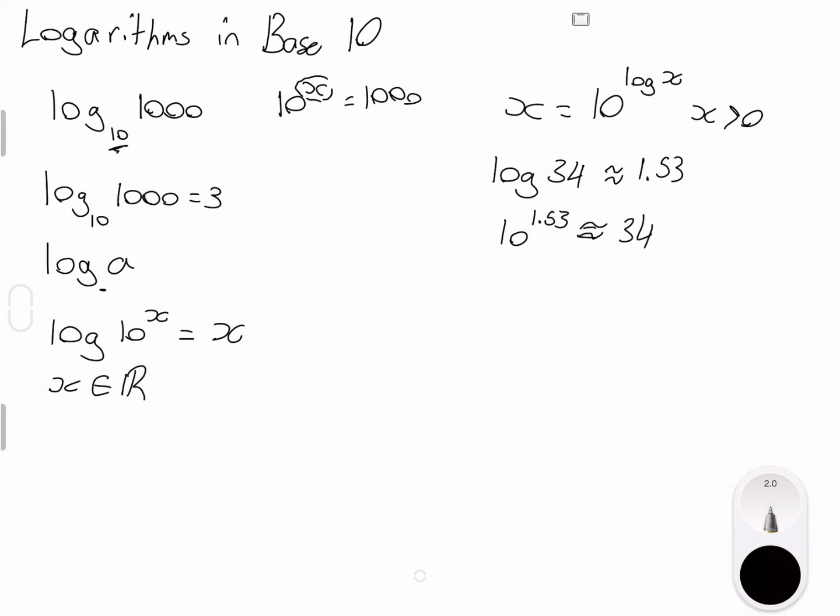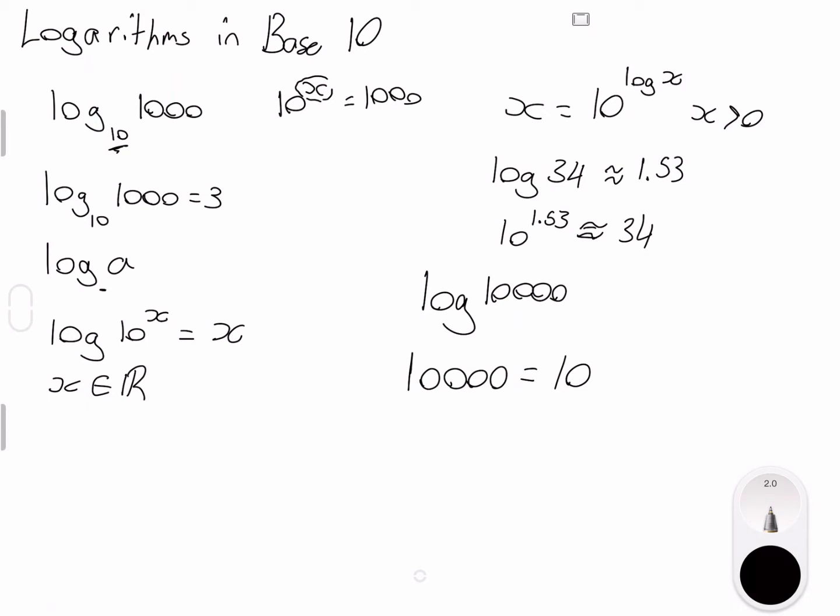Let's look at an example. Without using a calculator, I'm going to show you guys how to find the log of 10,000. So, first thing I have to do is go, okay, what is 10,000 rewritten as 10 to the power of something?